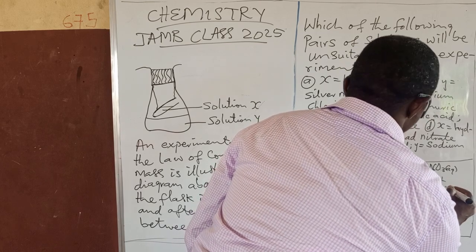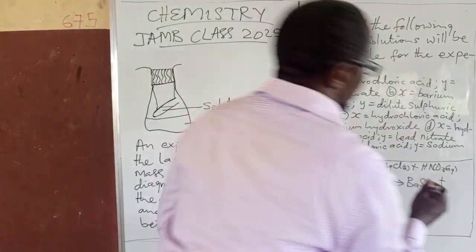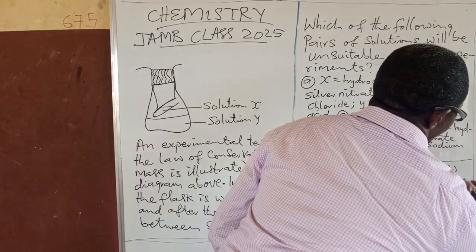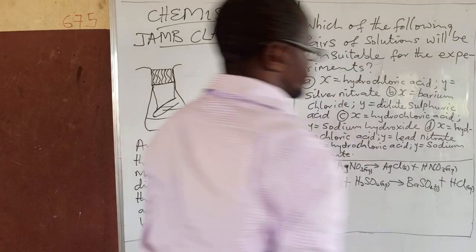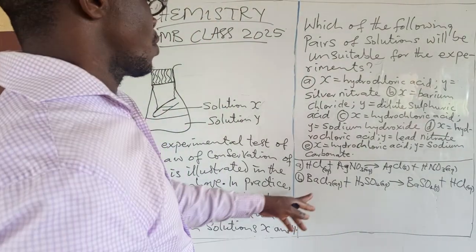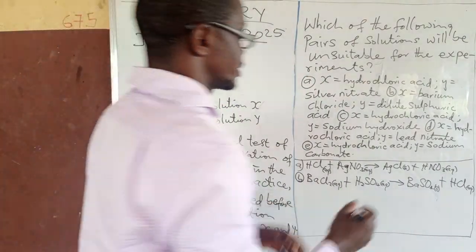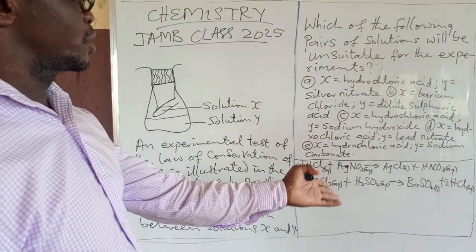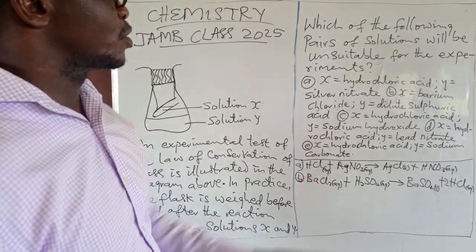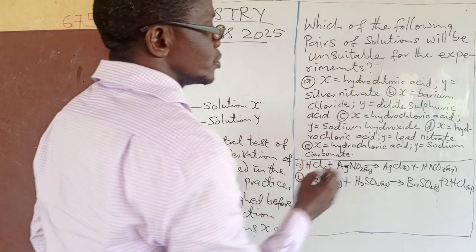And you have HCl, aqueous. So that equation is not balanced, but the balancing is not the main thing now. But in writing equation, you need to balance it. So now you have that.